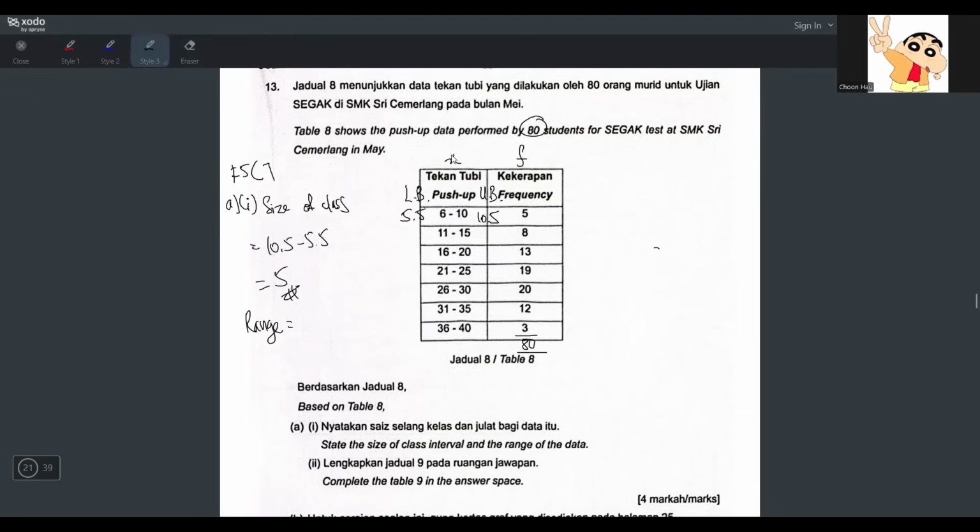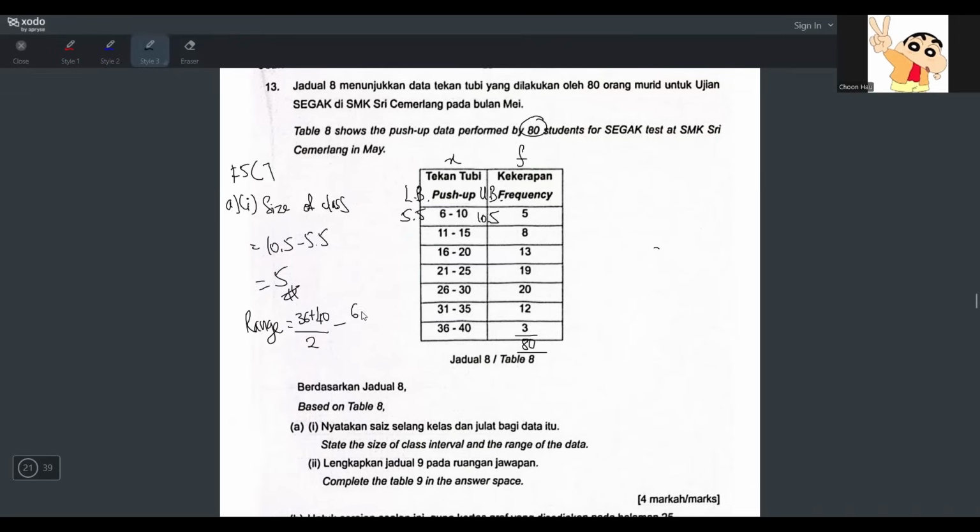Frequency is the F. So if they give you in class, you need to use one number to represent the smallest class and one number to represent the highest class, and then minus. We will use the midpoint. So let's find out the midpoint of the highest class, 36 to 40. To find the midpoint, just take the lower limit plus the upper limit divided by 2.